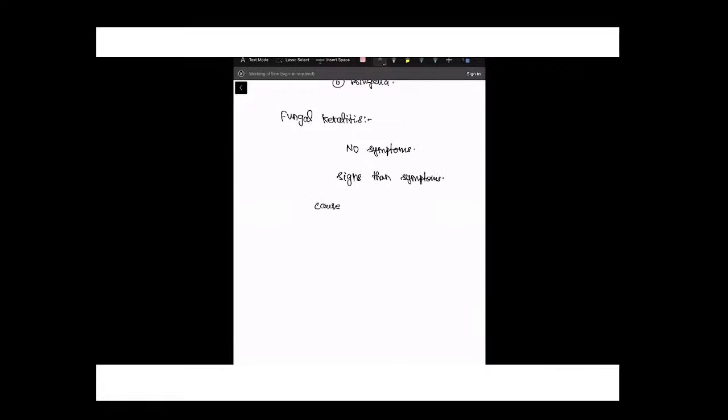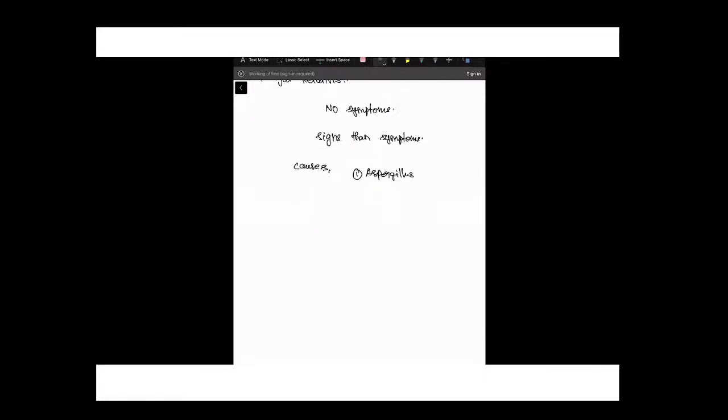Causes of fungal keratitis are Aspergillus and Fusarium. Usually it is a slow growing ulcer.